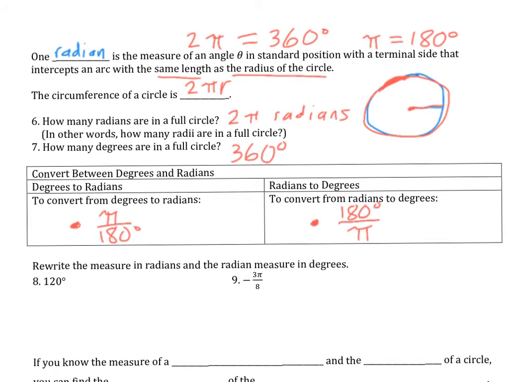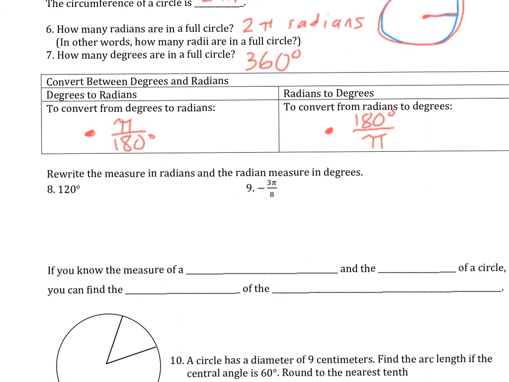Alright, so we're going to do 2 examples here. Number 8 is in degrees. If we want to convert that to radians, we multiply by pi over 180. Alright, 120 over 180 is the same as 12 over 18.